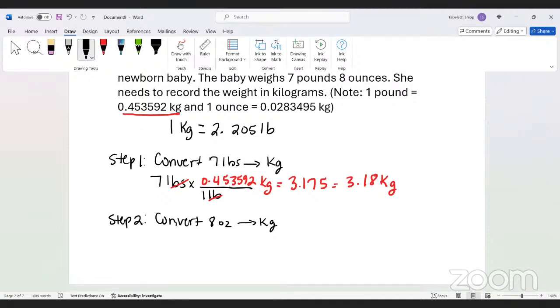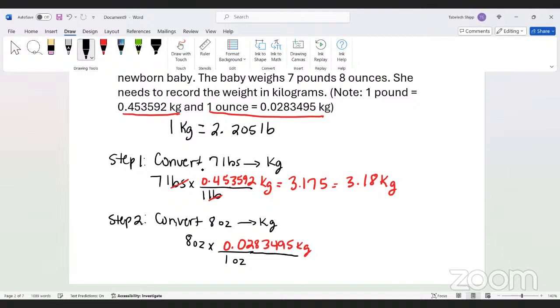We know that 8 ounces times, use our conversion factor here. On the very bottom, we're going to put 1 ounce because that's what we know from our conversion in this particular case right here that I'm underlining. And on the very top, 0.0283495 kilograms.